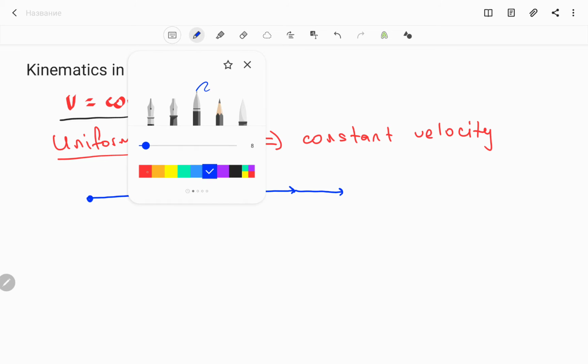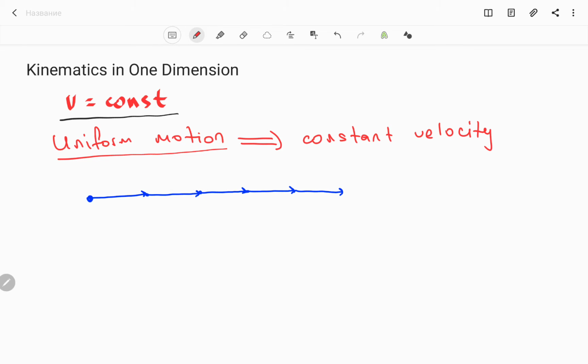So if you want to draw this kind of diagram, the size of these arrows should be equal to each other. Then this will be the diagram for uniform motion. So this is one of the ways to explain uniform motion in terms of a motion diagram. Basically, these blue solid lines describe velocity. Let's use small v.